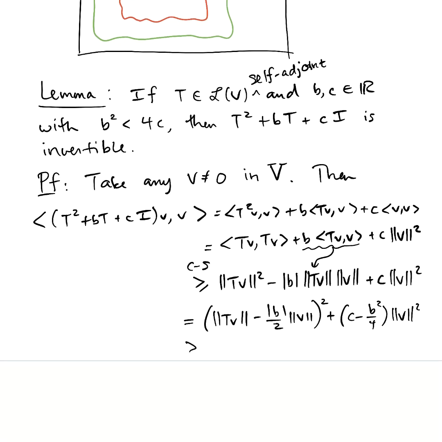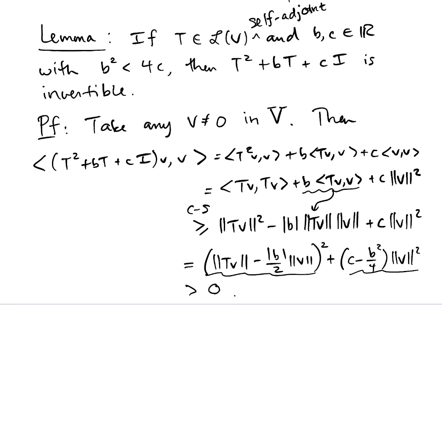And that you can see by hypothesis is positive because you got something squared plus something positive. So this is greater than 0.